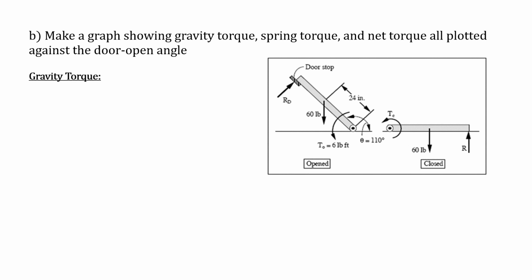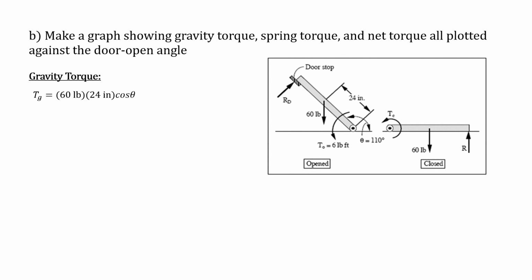So first, to find an expression for our gravity torque, it's relatively simple. All you have here is your moment here. So you have 60 pounds, which is the weight, 24 inches is how far up along the door it is away from the axis. And here we have to take into consideration the angle.